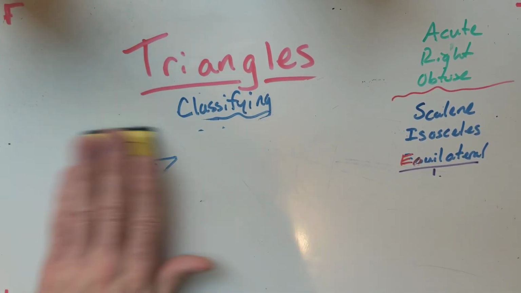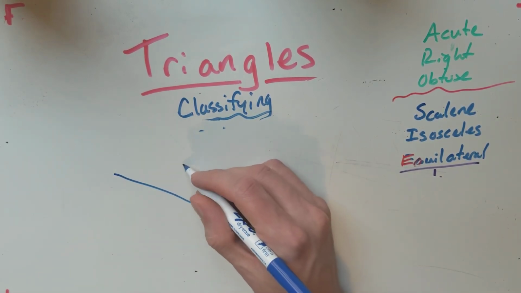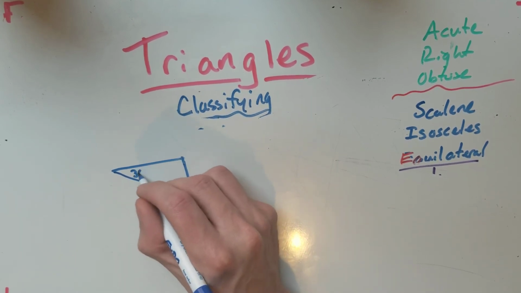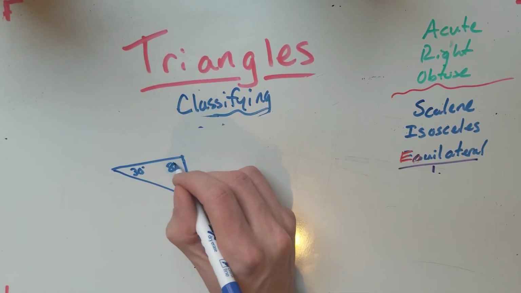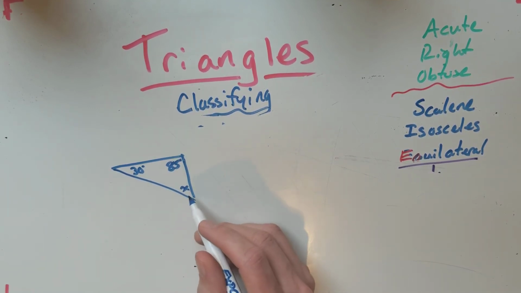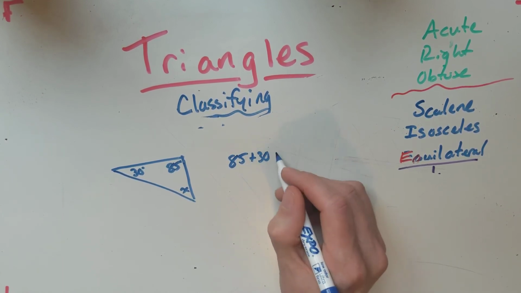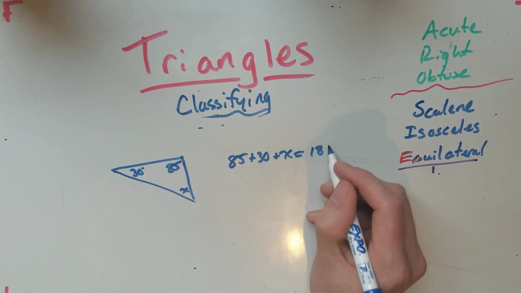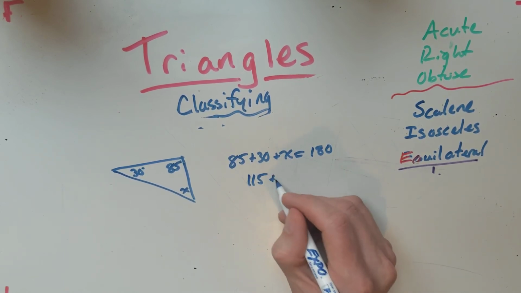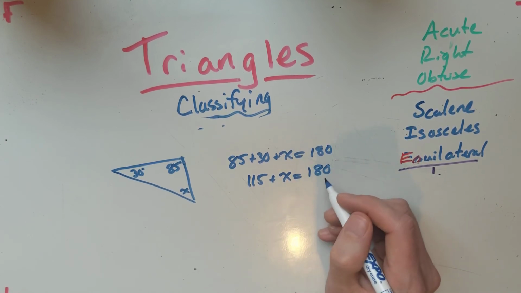For number 18 on this slide, we have 30 degrees, 85 degrees, and x. So when you find your value for x, you're going to say 85 plus 30 plus x equals 180, or you could say 115 plus x equals 180.